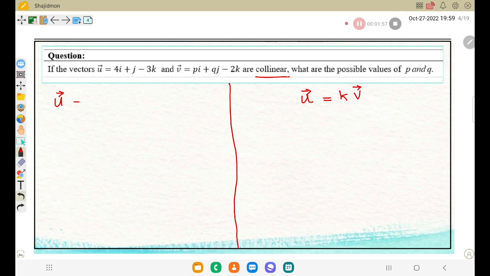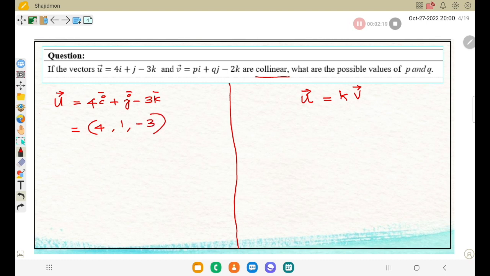Vector u equals 4i plus j minus 3k, correct? If we write this vector in component form, the x component is 4, meaning the number behind i; the number behind j is 1; the number behind k is minus 3.